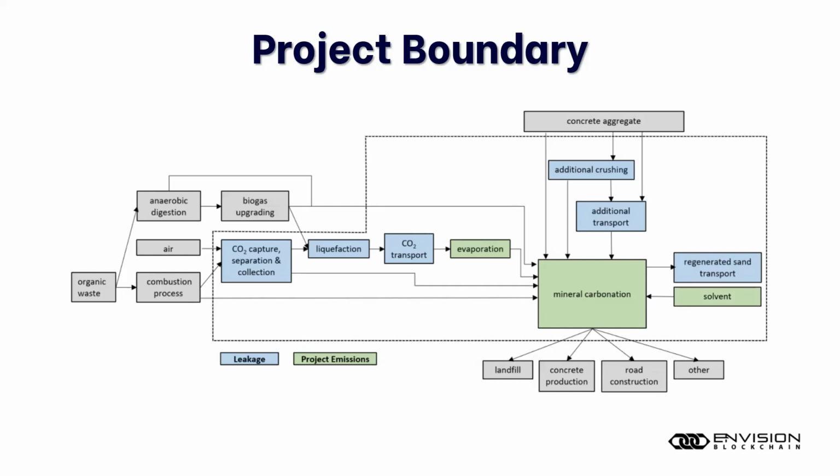Then in green, we have the project emissions like mineral carbonation, any solvent that was used, and evaporation. Then at the bottom, you'll see some examples of where that product is used: landfill, concrete production, road construction, and other applications as well.